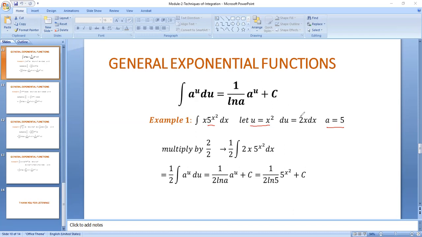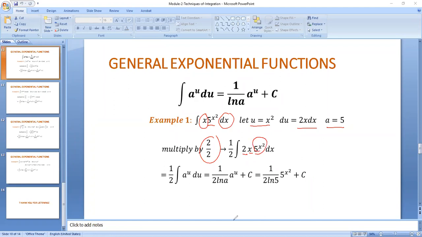In this case, the derivative is 2x dx. You already have this x and this dx, so you only need the 2. So you multiply by 2 over 2. You place the needed 2 here to go together with your x and dx, and the 1/2 before your integral. And that's it. This is already your a^u.